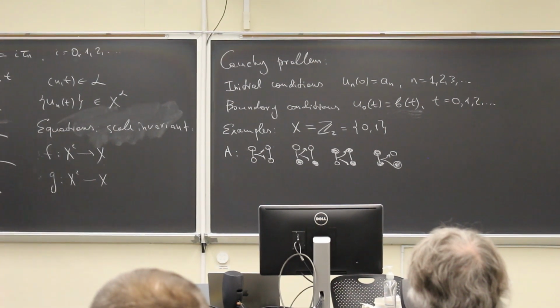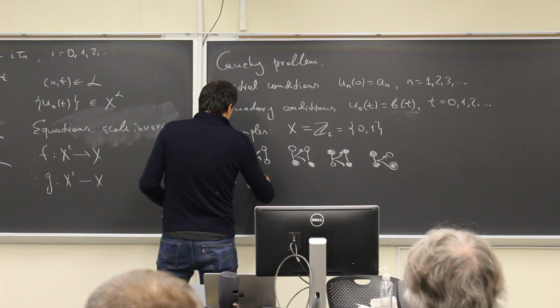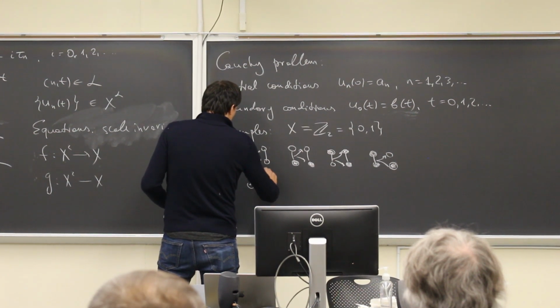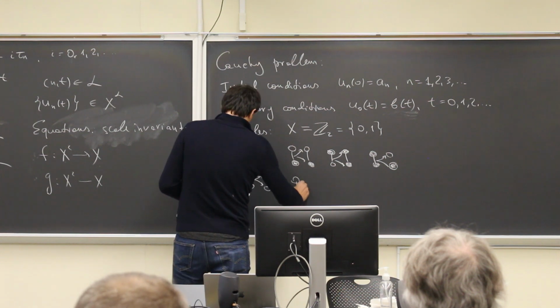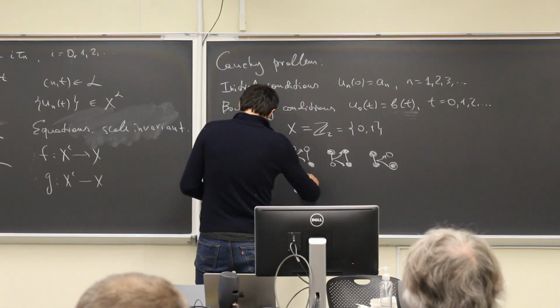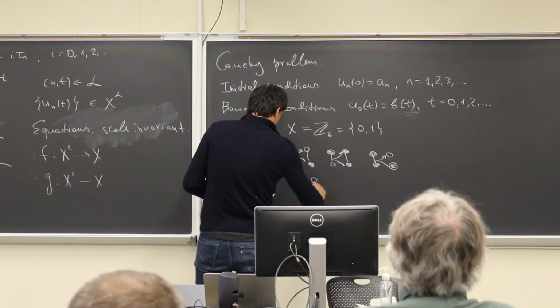And example B will be, so it's 0, 0, always 0, 0. Then 0, 1 gives, this is also the same.